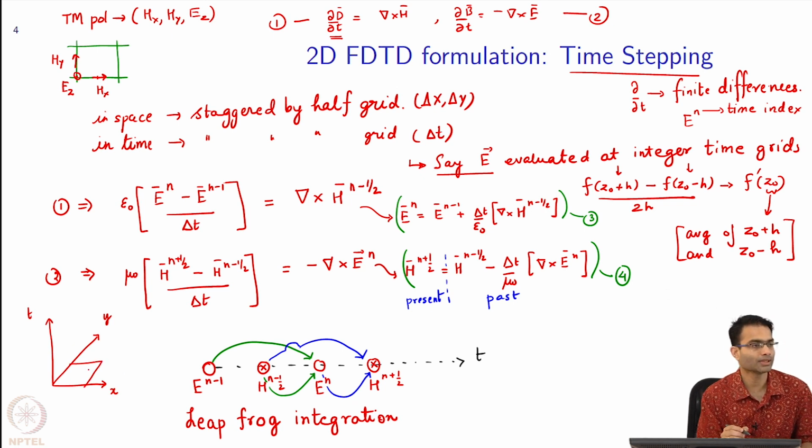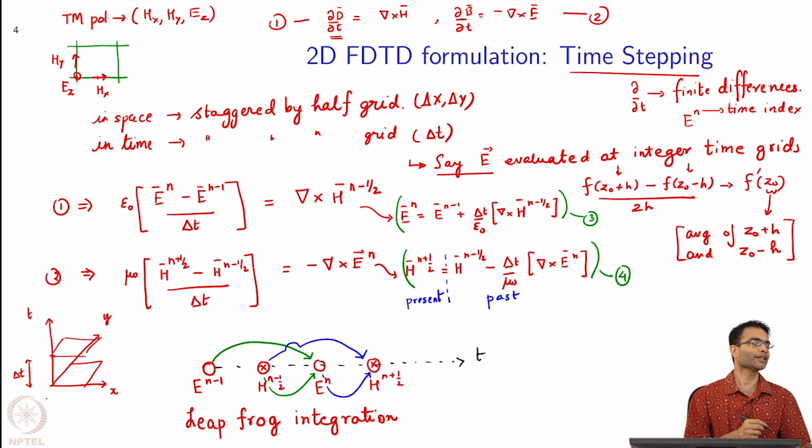This is your E cell at some time instant, right. This can be your delta t, can be this, right. So, that is how it goes, and so on.